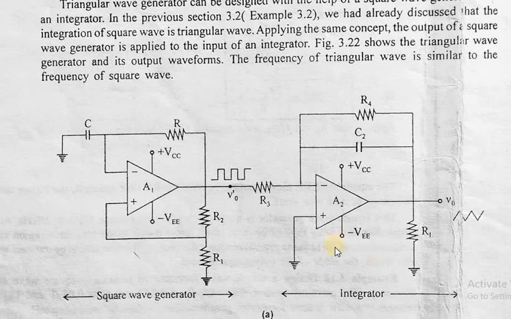When the input of the integrator circuit is connected to the square wave generator, the square wave is fed into the integrator, and in turn we get a triangular wave. So this circuit is a triangular wave generator which includes a square wave generator plus an integrator.